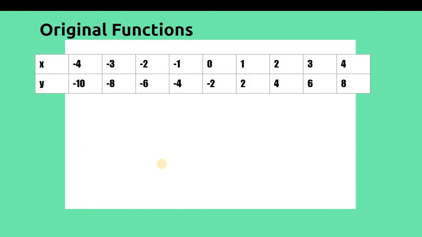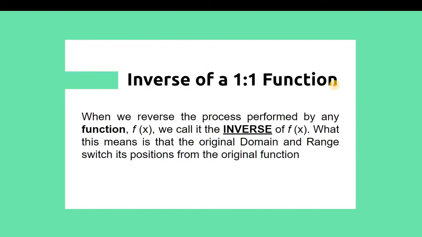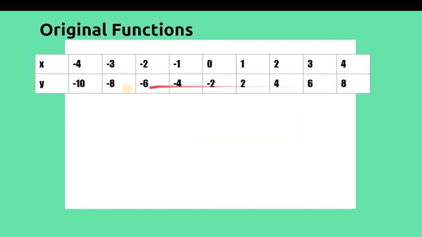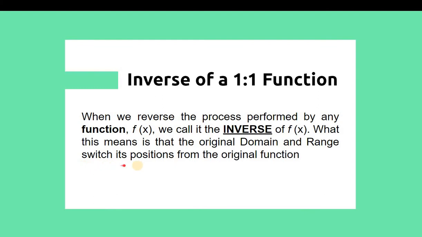So, to better explain this, let's look at this example. If we have the original function as this, you have x and y, and then ito yung domain mo, and ito yung range. If you inspect, 1:1 lang siya, walang nauulit na numbers dito, or walang nauulit na function. Sabi kanina, all we have to do is switch the position of the domain and range.